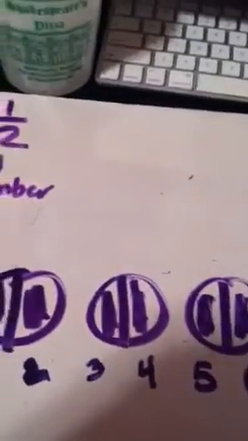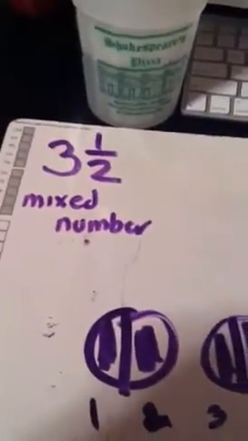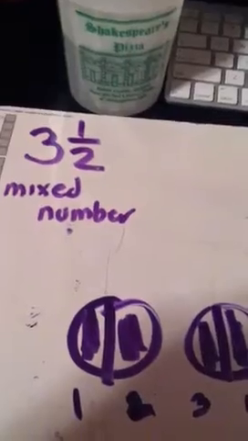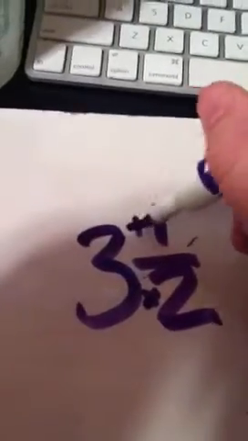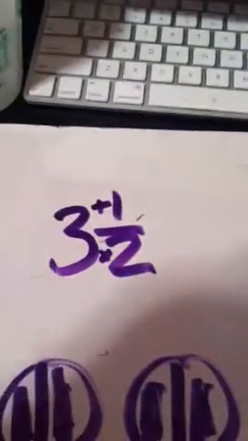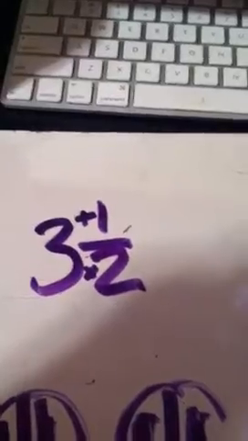If you want to do a mixed number to an improper fraction and you want to use math operations, what you're going to do is just simply write your mixed number, and you're going to add in two different math operations. You're going to put a times sign in between the denominator and the whole number. You're going to put a plus sign in between the whole number and the numerator.